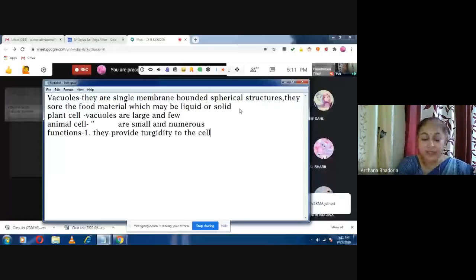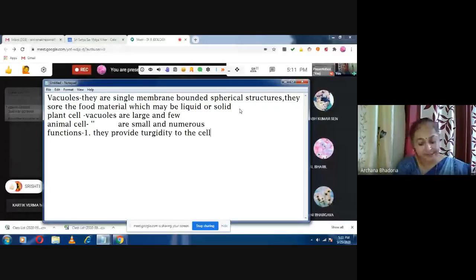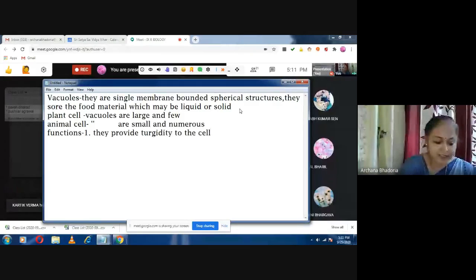Now next write down, they store the food material. Second function, they store the food material.